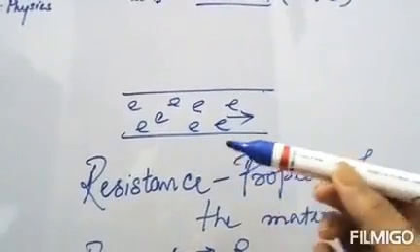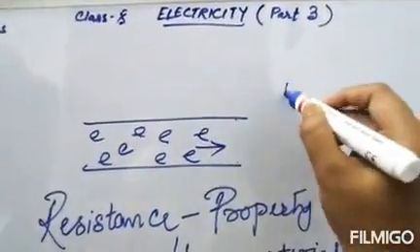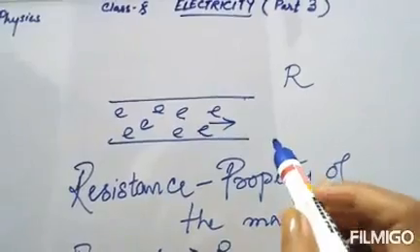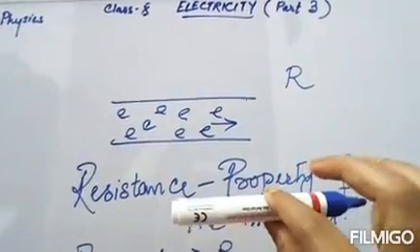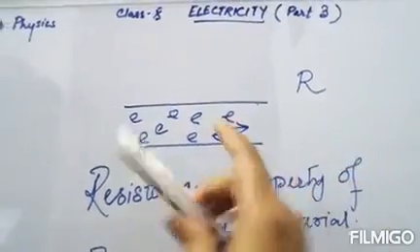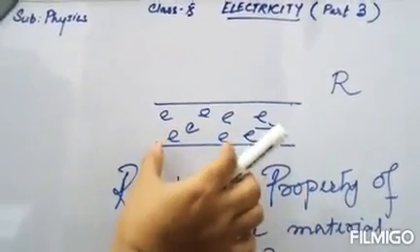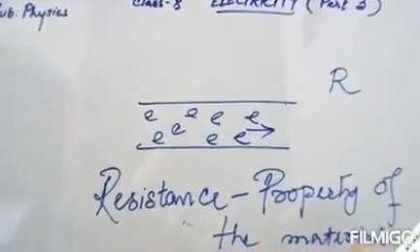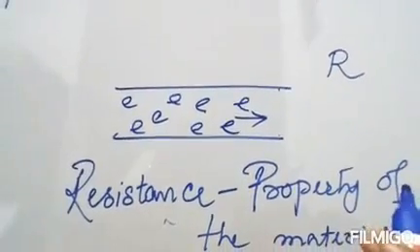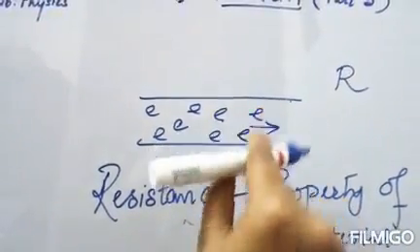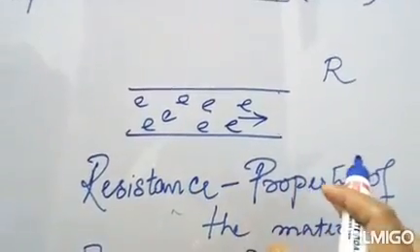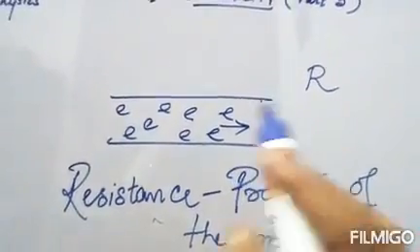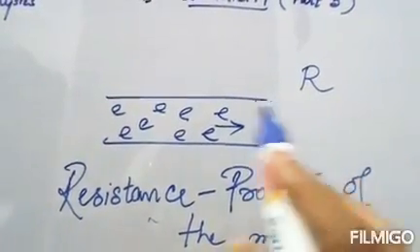The same is true for resistance: it depends on the length of the wire. Suppose the wire is only this much in length, then the electrons will face obstruction for only a small amount of time. If the length is much more, they will face more obstructions. So we can say, the more the length of the wire, the more the resistance.